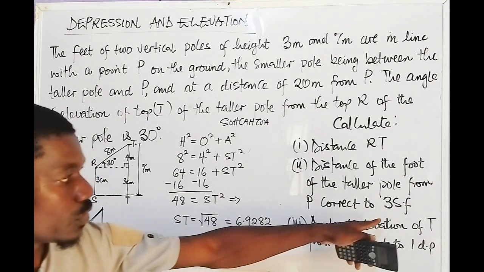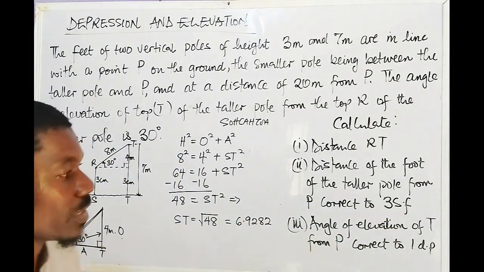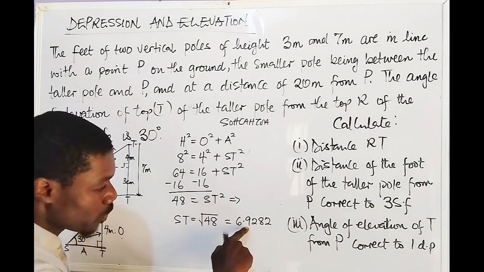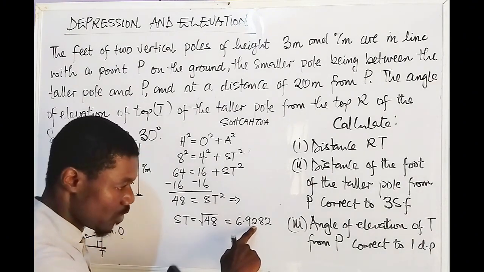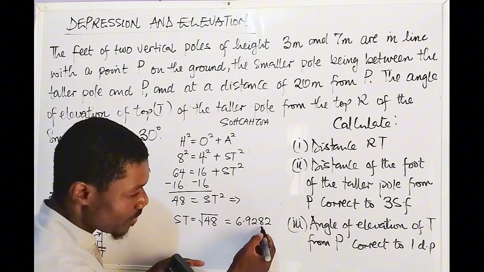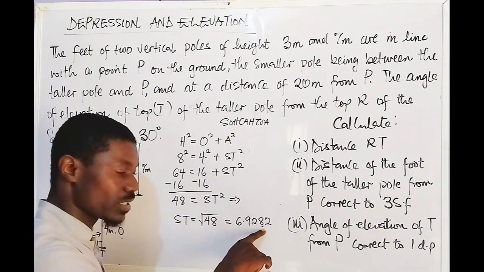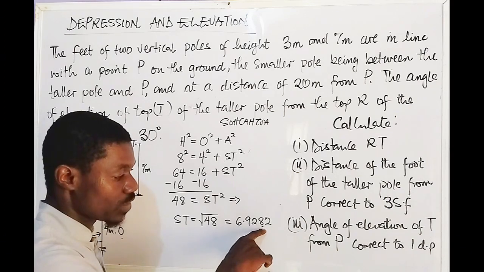Now we are told to put it correct to what? 3 significant figures. So here you have 1 significant figure, 2 significant figures, and 3 significant figures. However, we have 8 here, so we have to round it up. Why? Because this is more than 4. So we have to round it up.